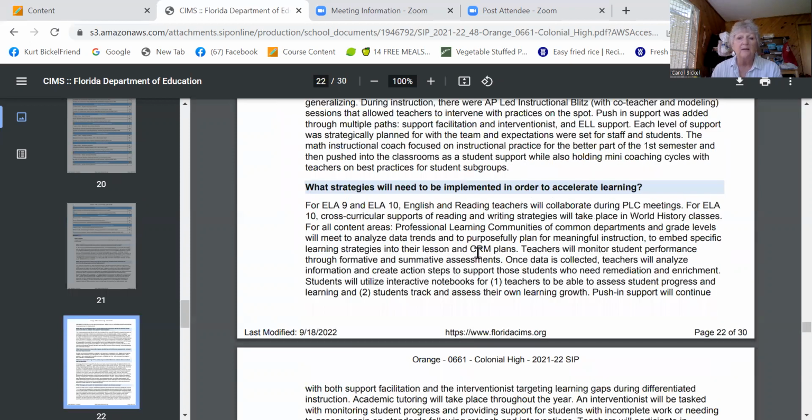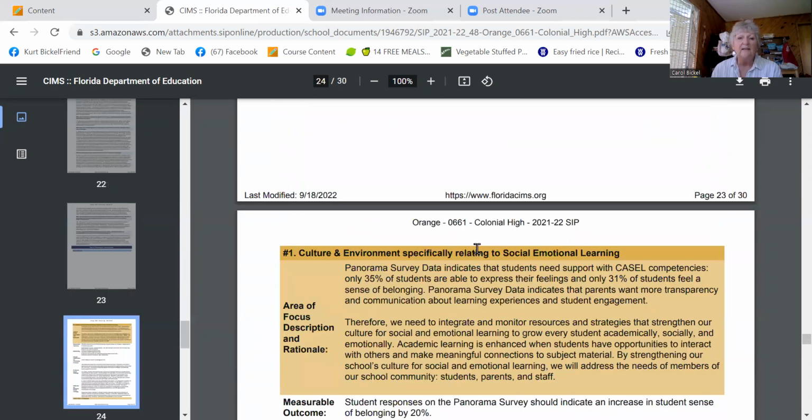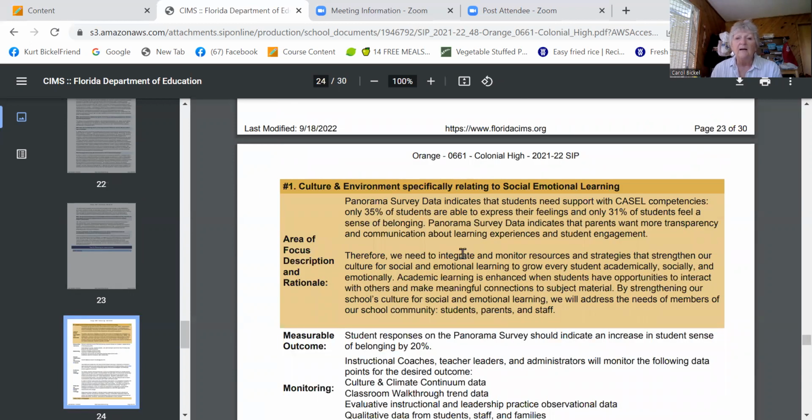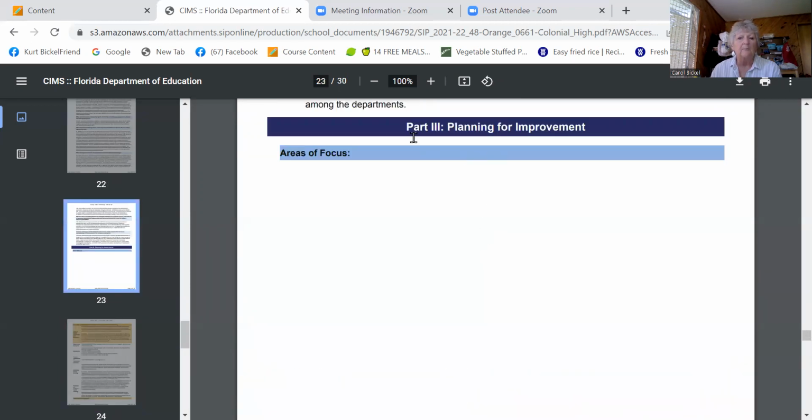And this would be good reading for you. There is a section in Sunday's assignment that you might find some good information from in here. Then we get down to what the objectives are that we're looking at. Part 3, planning for improvement.